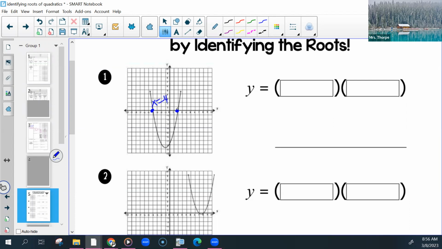And what was this one? 2. But when we write the roots, it's gonna be opposite, kind of like our vertex form. So whatever this says, you're gonna write the opposite. So this would be x minus 2. This would be x plus 4.